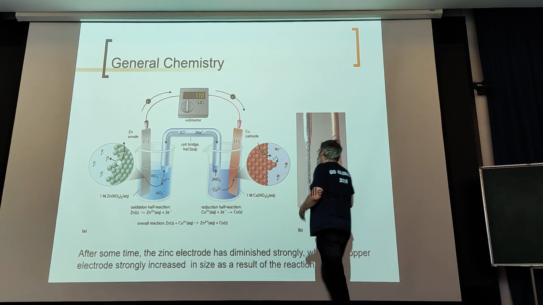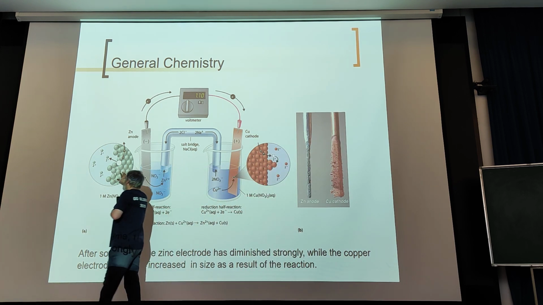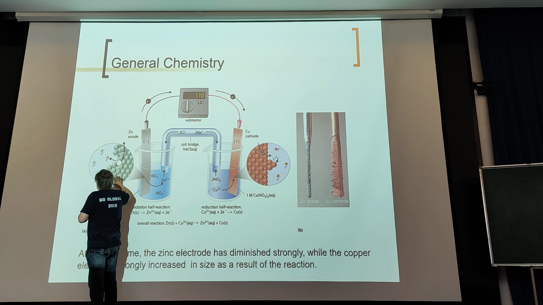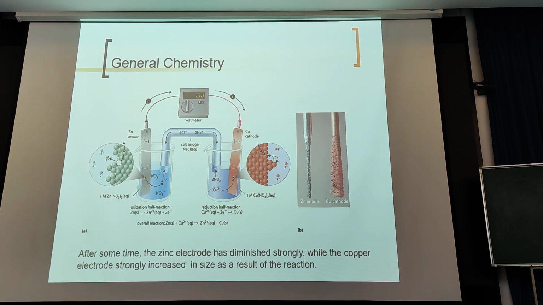Now what is happening? If you look at the surface of the zinc, you can see that zinc is losing electrons, and these electrons are moving throughout the zinc from the left to the right, to the compartment where you have the copper, over the voltmeter and so on.